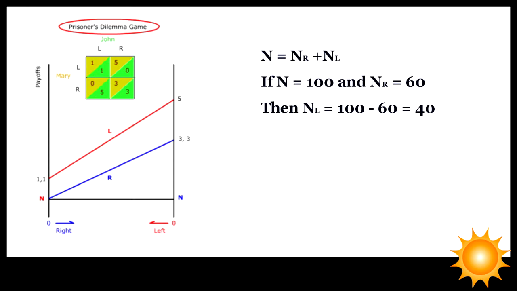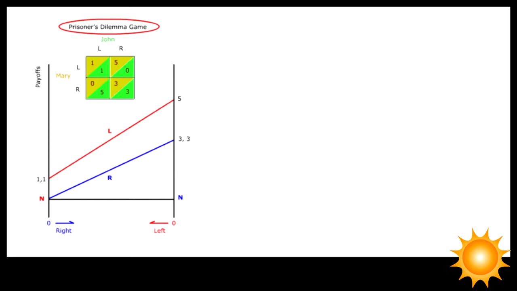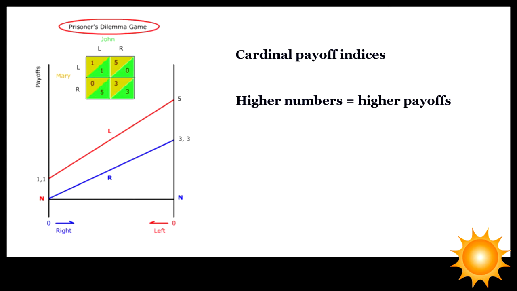The payoffs for choosing R increases as more people choose R, and the payoff for choosing L decreases as more people choose L. The endpoints of these payoff curves represents the cardinal payoff indexes.